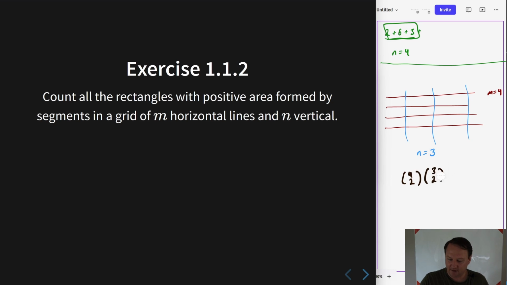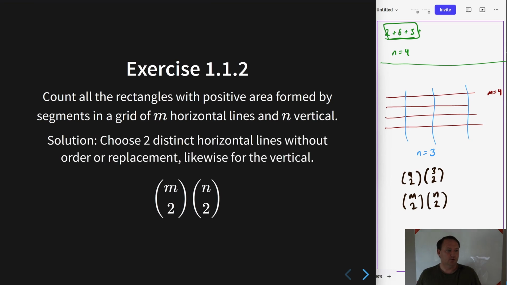And more generally, of course, m choose 2 times n choose 2 is the general solution for all of the possible rectangles. So I've basically just written that on the slide, and we can move on.